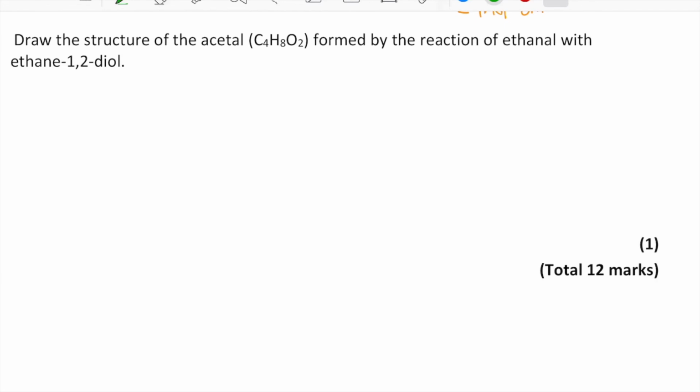So I'm going to write the formula of ethanol, and then we know it's reacting with ethane 1,2-diol, and we know it's making this acetal with this number of carbons, hydrogens, and oxygens. So yes, this is not a very good equation where I'm mixing molecular and structural formulae, but still, it's only to get an understanding of where we might be going with the answer.